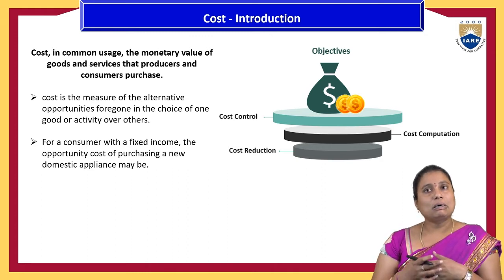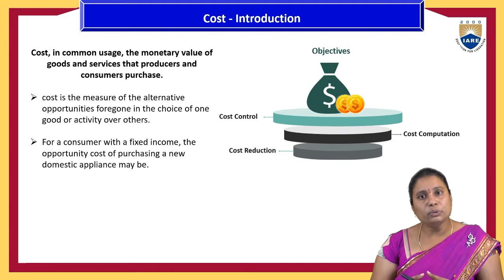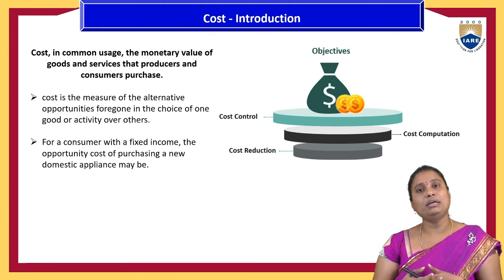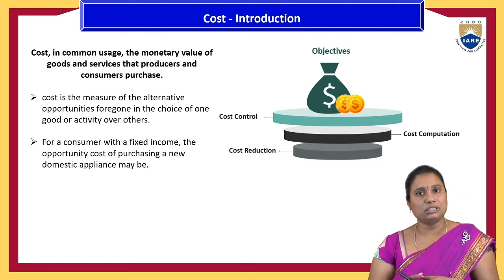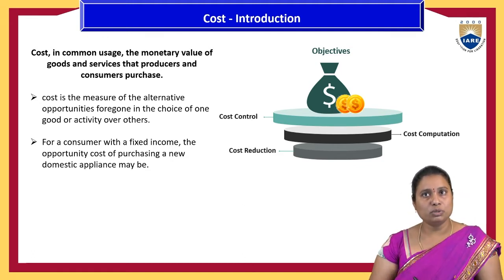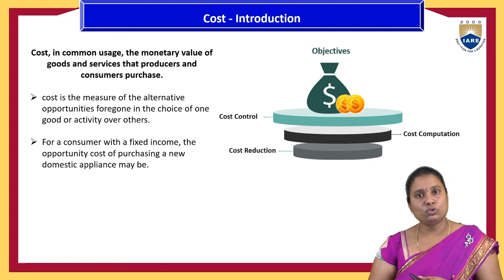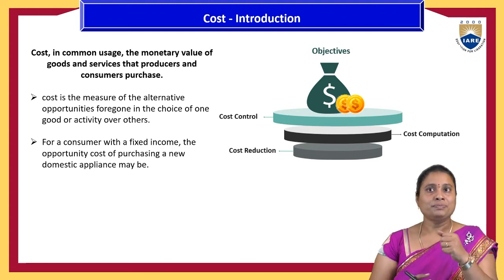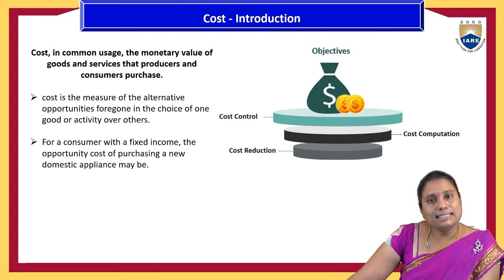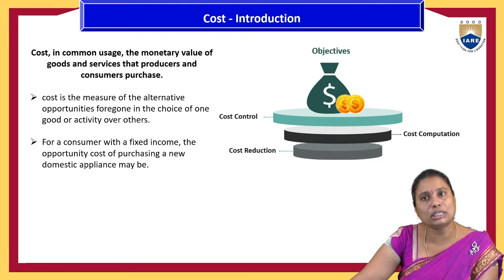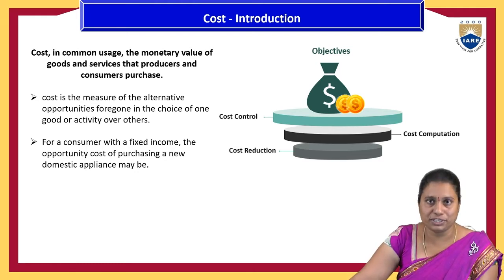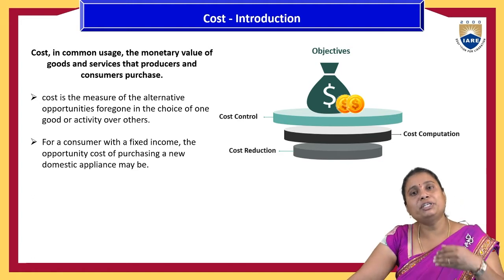The cost is the monetary value or worth given by a producer or the customer to the goods or services which they are going to consume or purchase. So this analysis of cost is important for management to take decisions on cost controlling, cost reduction and cost computation, which means how much expenditure they have made.